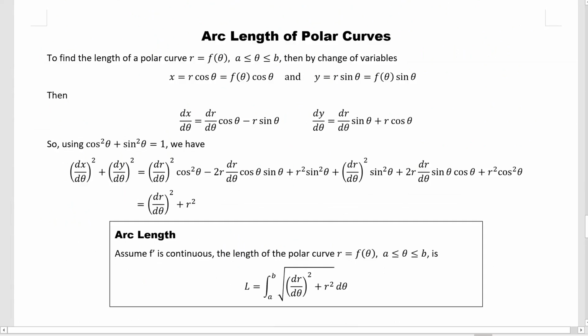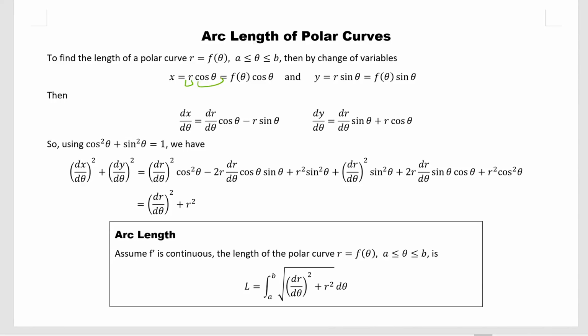To find the length of a polar curve, r equals f of theta between a and b, and then by change of the variable, so we know x equals r cosine theta, so that is f of theta cosine theta, and y is r sine theta, which is f of theta sine theta. So remember now, r is a function of theta. So when you differentiate x with respect to theta, you're going to use the product rule, right?